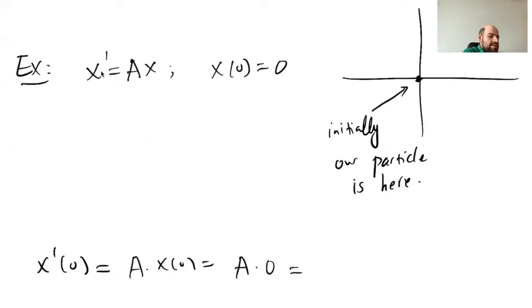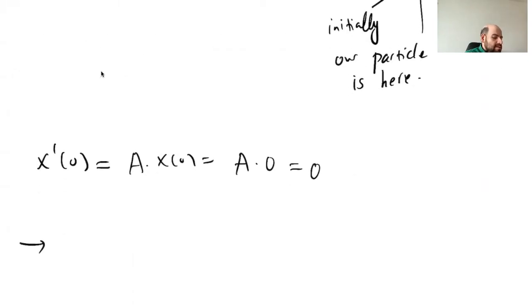So if the particle is originally located at origin, the velocity will be 0, which means the particle will be stationary at that moment, at that point.